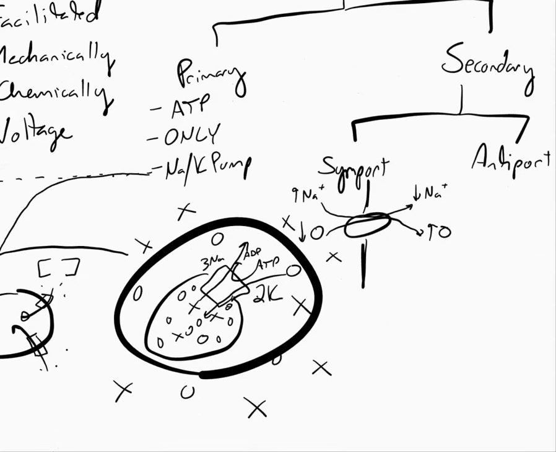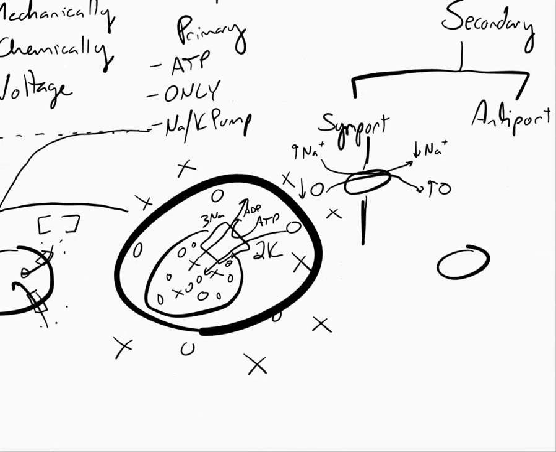For antiport, it's very similar, but we have the high concentration of sodium again on the outside and low concentration on the inside, but then this time the molecule we're trying to bring in is high on the inside and low on the outside. And so with antiport, they'd be going in opposite directions.